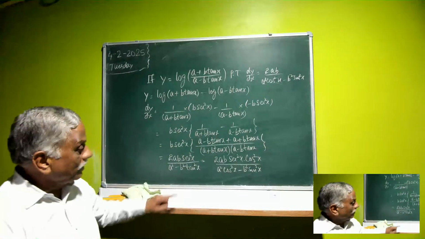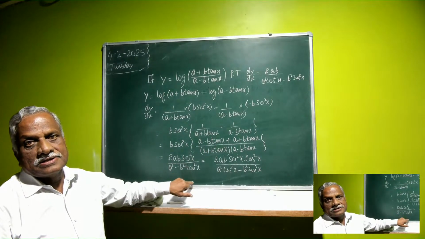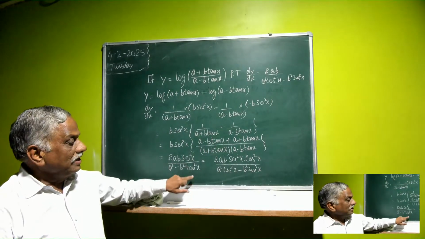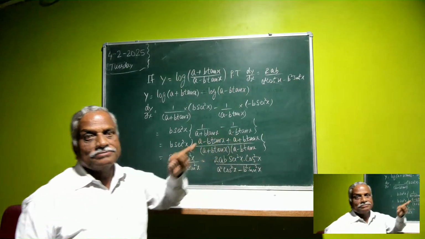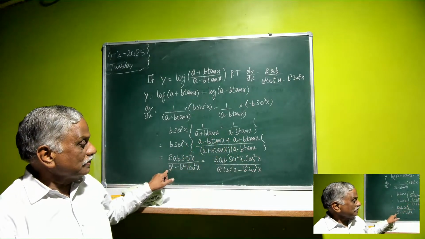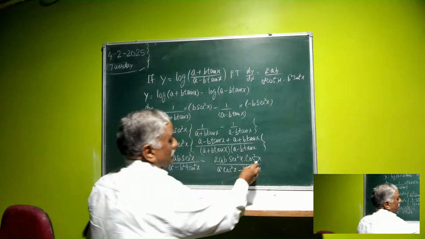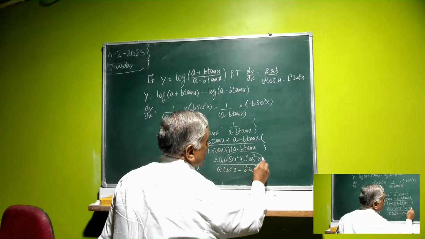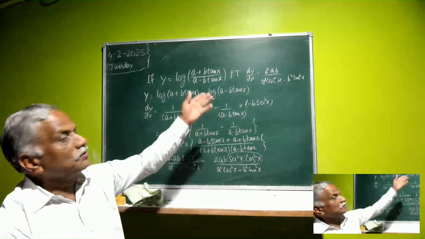I'll explain how I got this. I will write this tan square x as sin square x by cos square x. We'll take the LCM, that LCM will go to the numerator. So the a square cos square x minus b square sin square x. The secant square x and cos square x are reciprocal functions. Therefore, we get the answer.